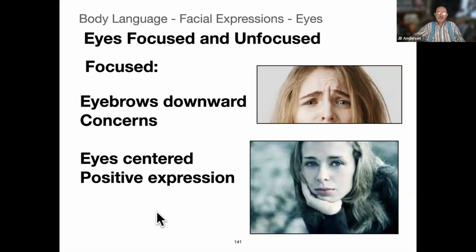This is somebody that's going to be more likable to you. Also, if you remember from last week, likability is also expressed when you put your chin in your hand. So here is eye-centered, chin in hand. I like you. I like what's going on. I like what you're saying, etc.